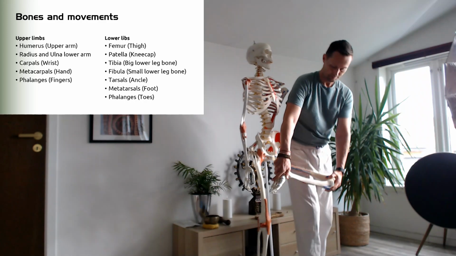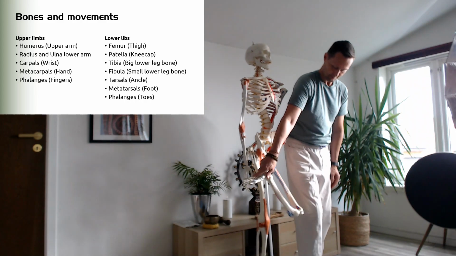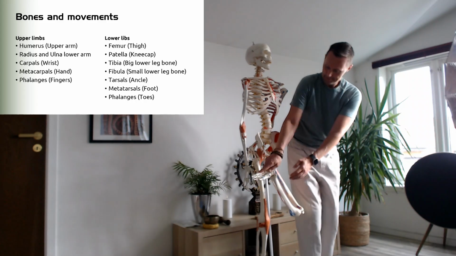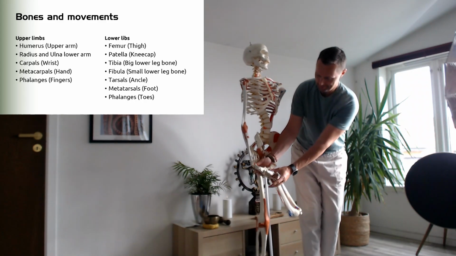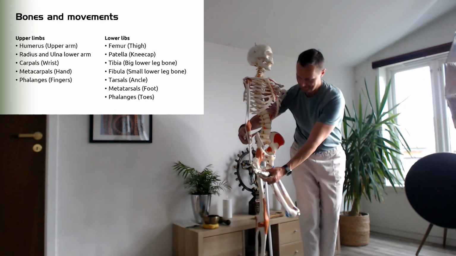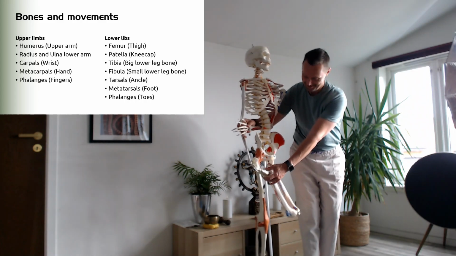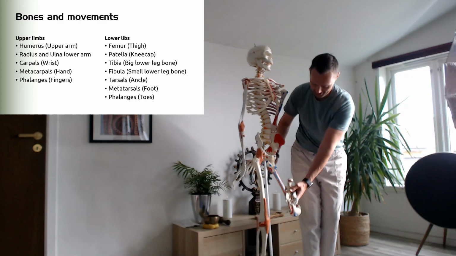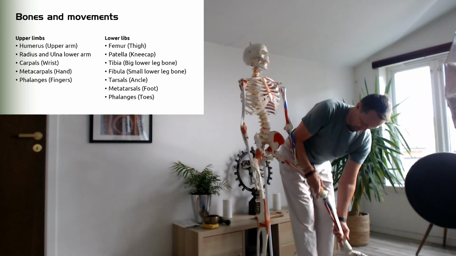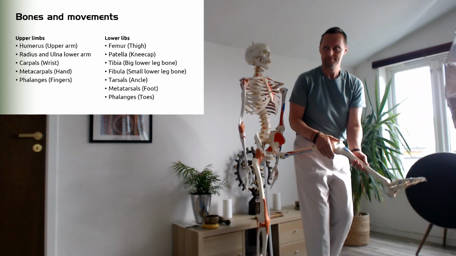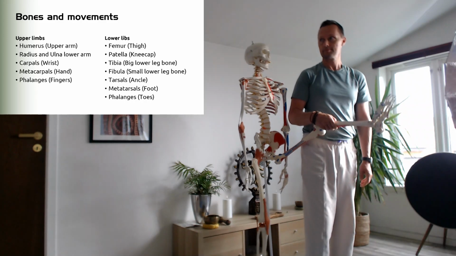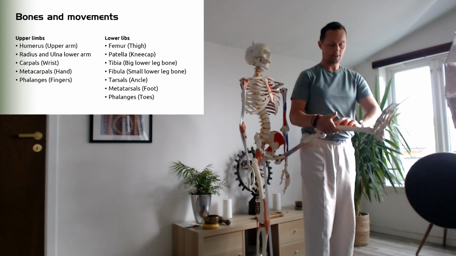Right. And the ankle is the hard part. The ankle is made out of the tibia and the fibula. The tibia is the big one.